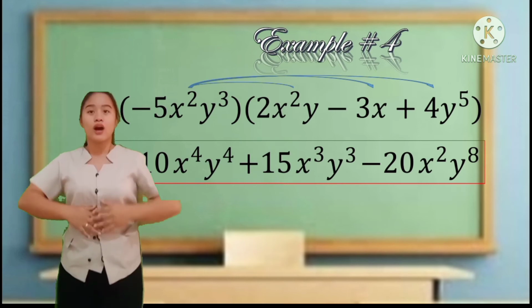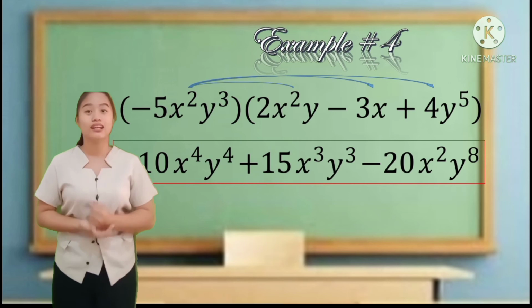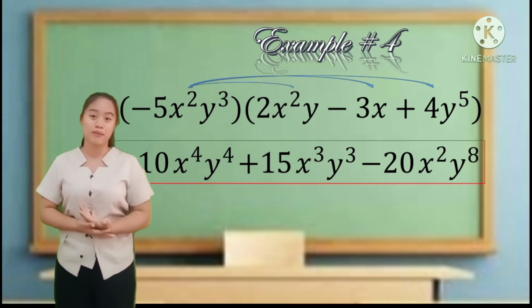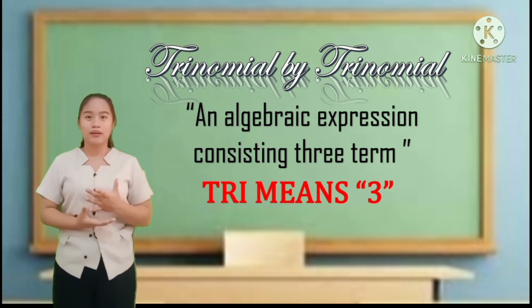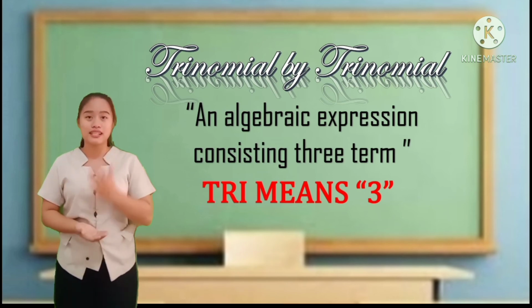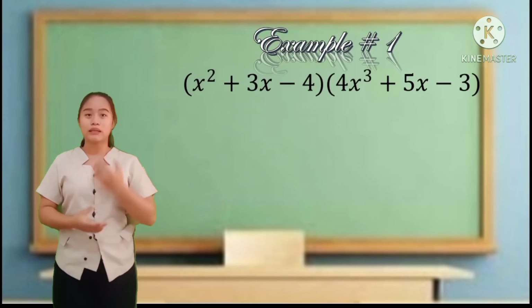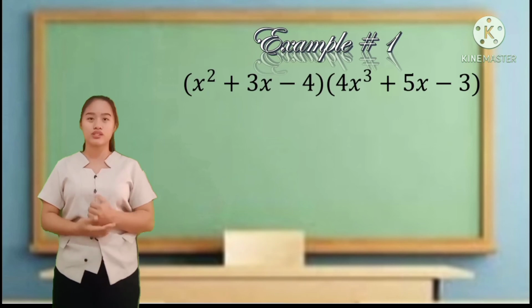For the last example, I want to solve trinomial to trinomial under multiplying polynomials. So we have x squared plus 3x minus 4 multiplied by 4x cubed plus 5x minus 3.